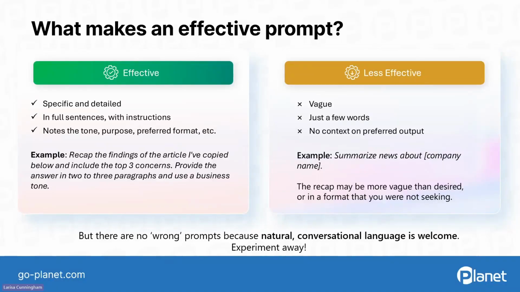That result is going to come back significantly different than if we just say, summarize this article or recap the findings of this article. So if you have a vague or just a few words that you're putting in the prompt, just understand that you're going to get a less tailored response back.